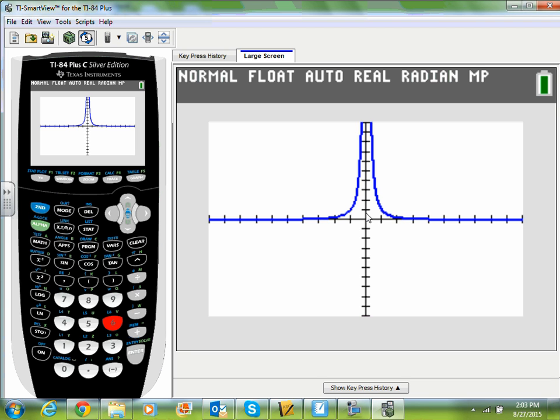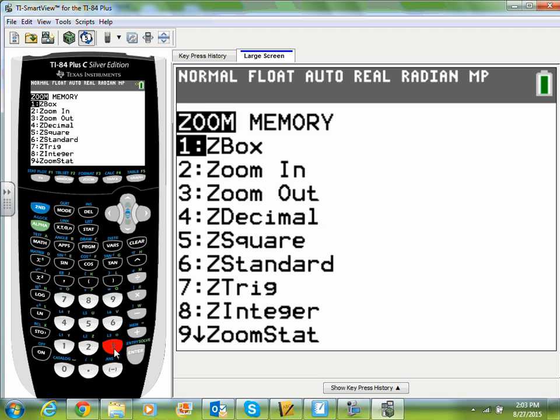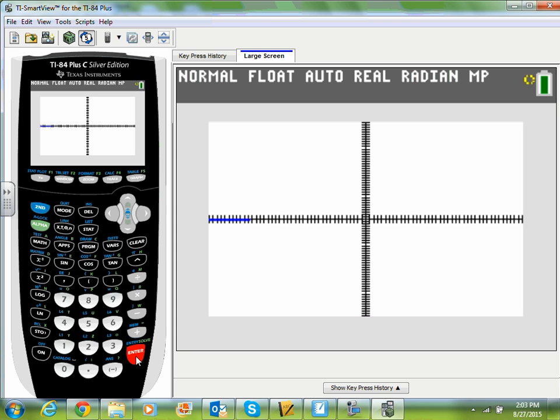Well, I can keep zooming out. If I keep zooming out, I just know that my graph is just continuing to go up along my y-axis, but it never actually touches my y-axis. And so what does that tell me about my limit?